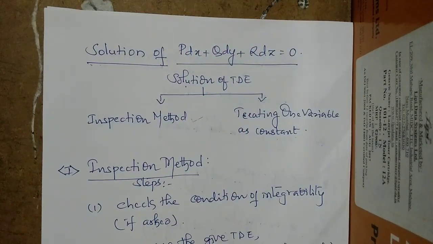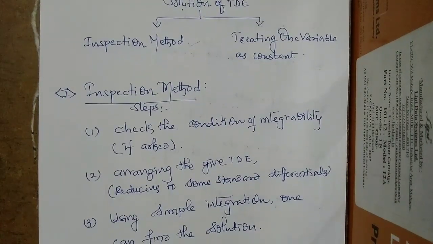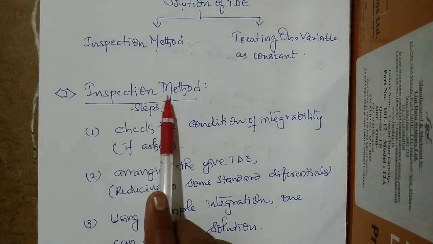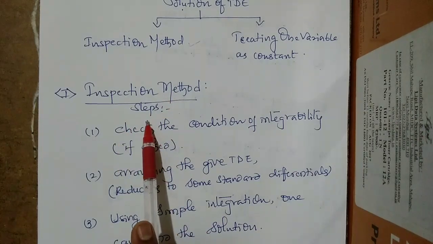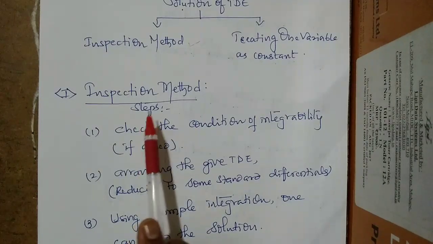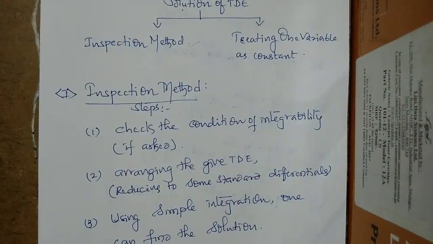So there are two ways to solve the total differential equation. One way is the inspection method. So what are the steps of the inspection method? Until today we have just verified whether the total differential equation is integrable or not, but now we are solving the given total differential equation.